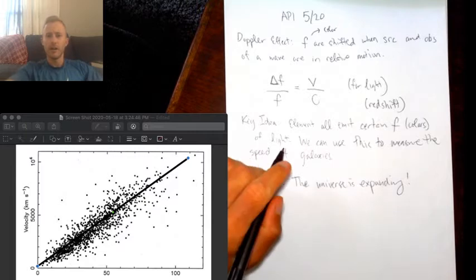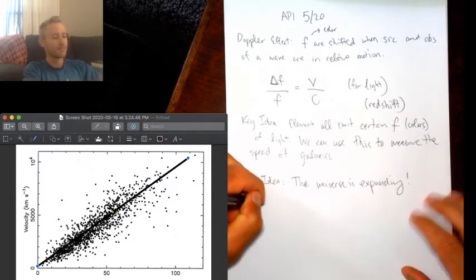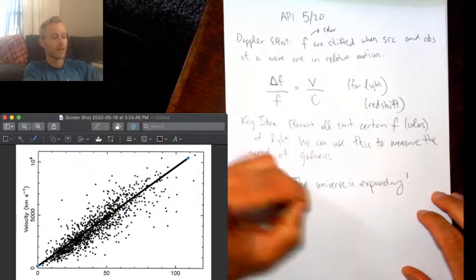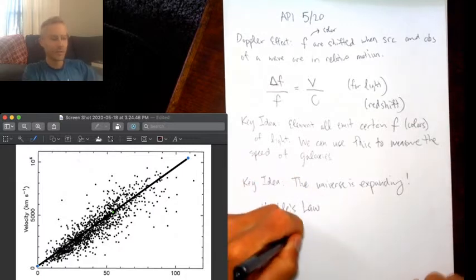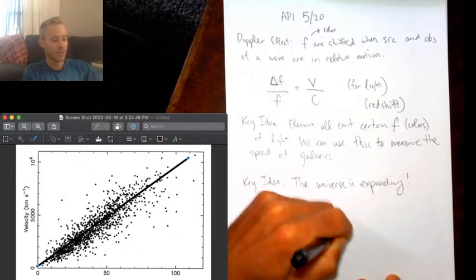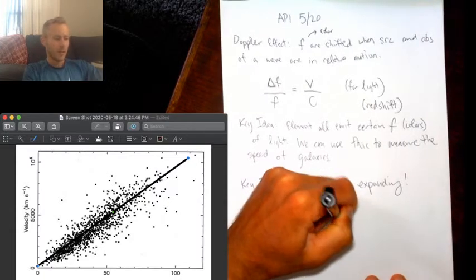So at any rate, this correlation is called Hubble's law. It was discovered by Edwin Hubble, and it's a linear relationship. So it says V equals a constant times distance. The constant is called H for Hubble, and that's called the Hubble constant.